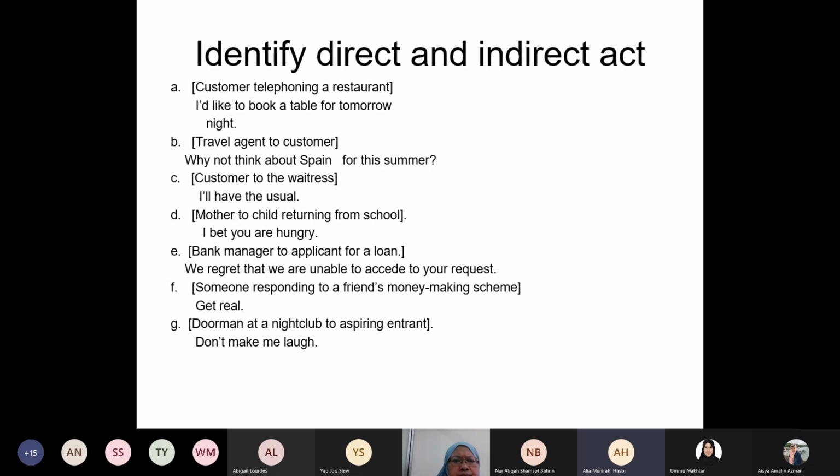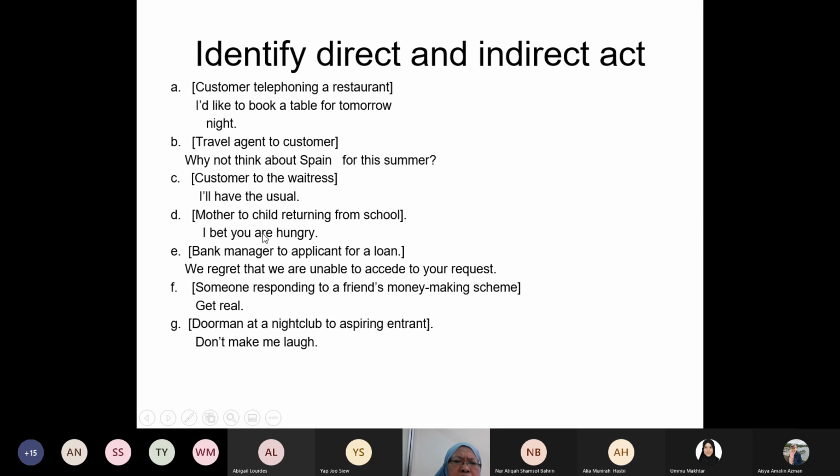Actually, for D, I'm still confused. Is it a statement or a question? Because for the answer, I bet you are hungry, the answer maybe will be yes or no. So I don't know, is it a statement or a question? From the form of the sentence, it's a statement. Yes. But what is the mother doing with that statement? Is it prediction? The guessing. The mother is guessing. So she is kind of guessing. If her child comes back from school, if it's morning school he comes back at noon, if it's afternoon school he comes back at 6.